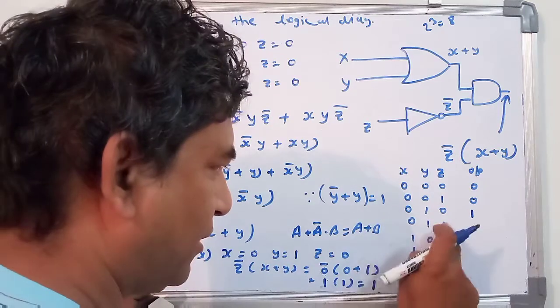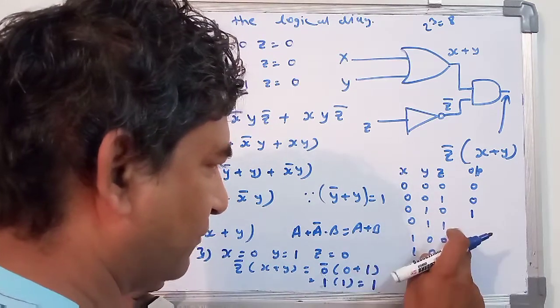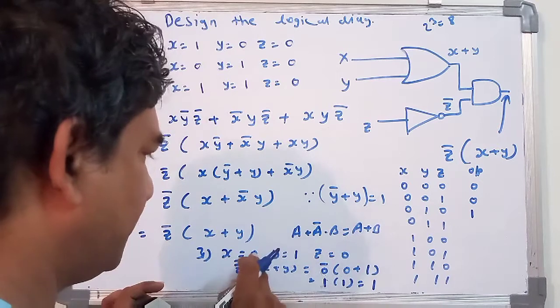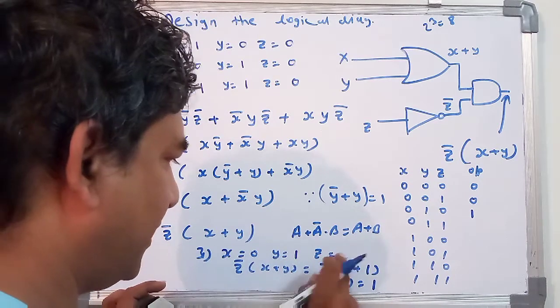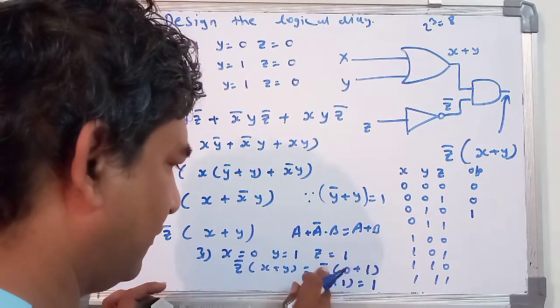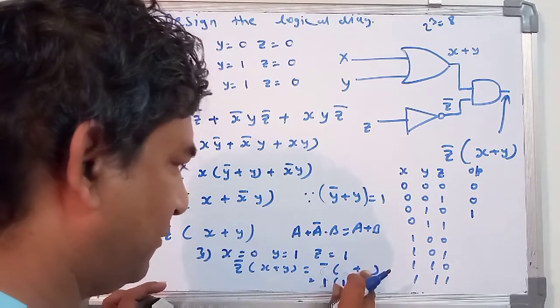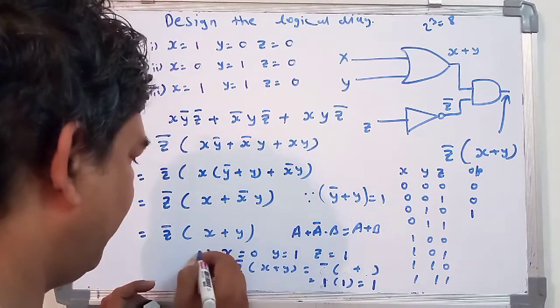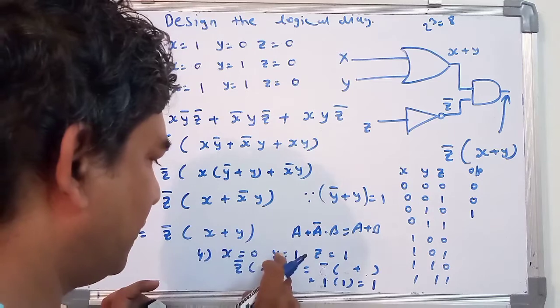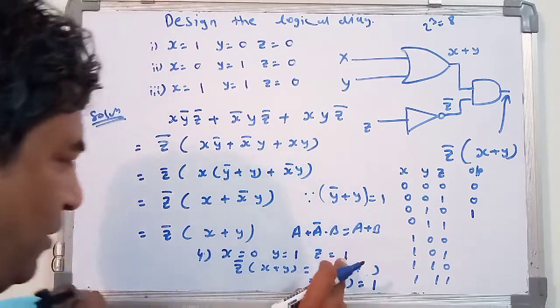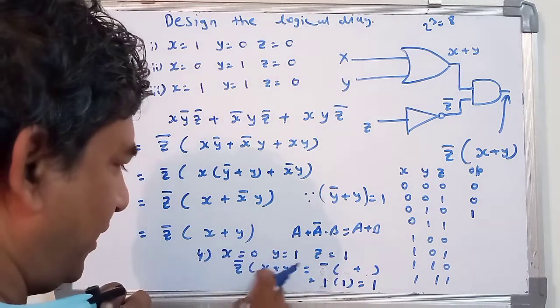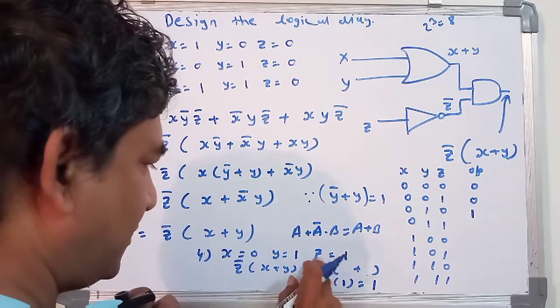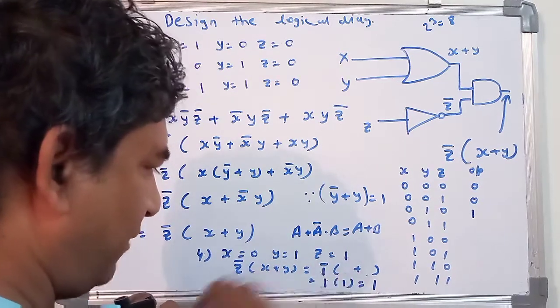Now consider the fourth number 0, 1, 1. Okay, x is equal to 0, y is equal to 1 and z is equal to 1. Okay students, only what you have to make is the change: the fourth number condition, x is equal to 0, y is equal to 1 and z is equal to 1, that is z bar. Again x plus y is equal to z means it is 1 bar.